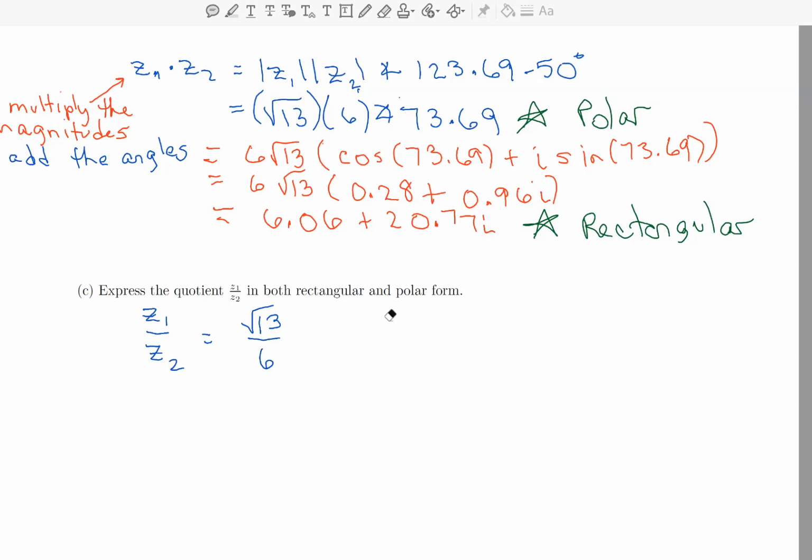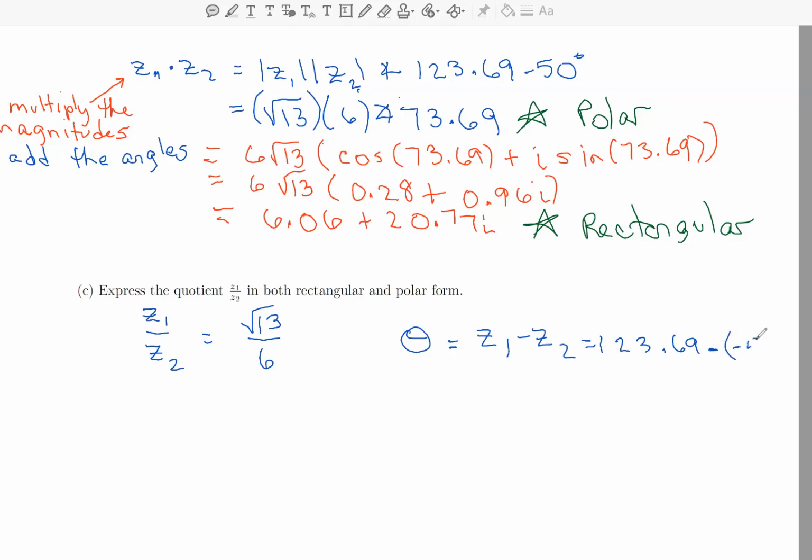The angle is equal to Z1 minus Z2, where Z1 is 123.69 and Z2 is negative 50.